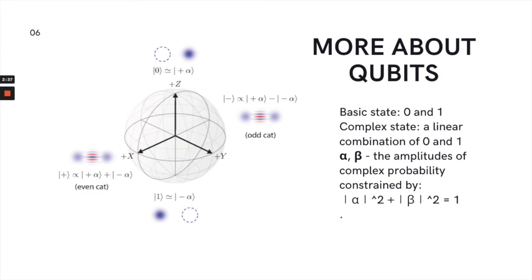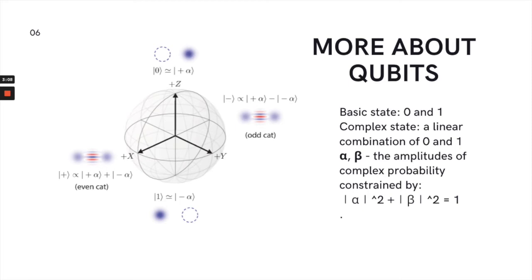It also has this complex state, made up of a linear combination of 0 and 1. It will not simply be 0; it will be the matrix [0, 1] and the matrix [1, 0], and it'll be a linear combination of both. The alpha and beta are the amplitudes of complex probability, the coefficients that you multiply by the matrix that represents 0 and the matrix that represents 1 in the qubit.